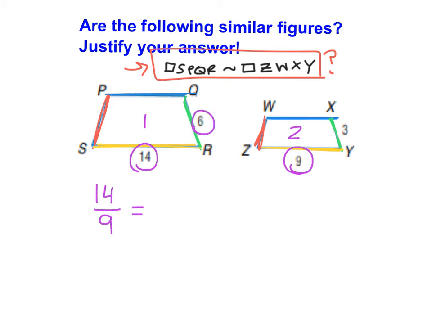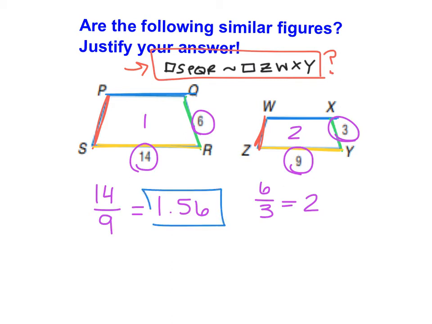And then I have 6 over 3 with my other paired up side length. Now I know that 6 over 3 is 2, and then if I take my calculator and divide 14 by 9, I find 1.56. So we know that if we have similar figures, these ratios actually have to equal the exact same number.